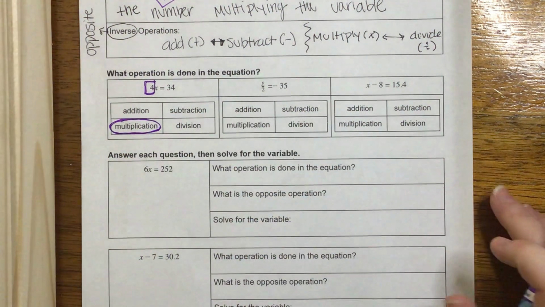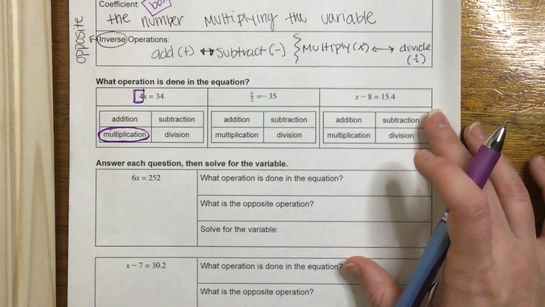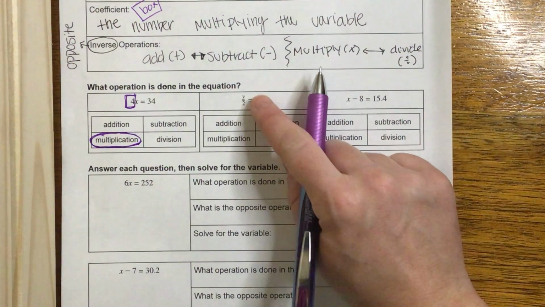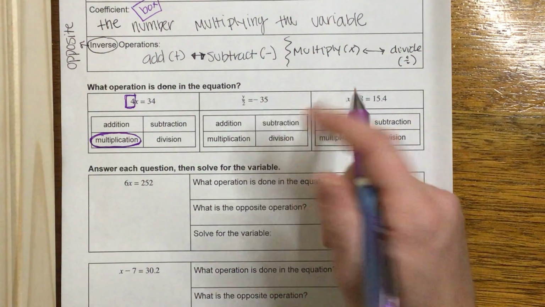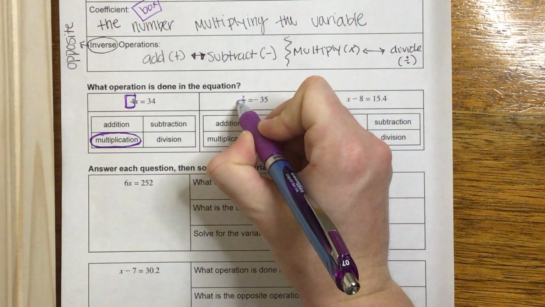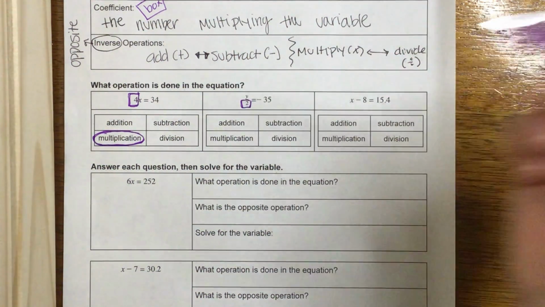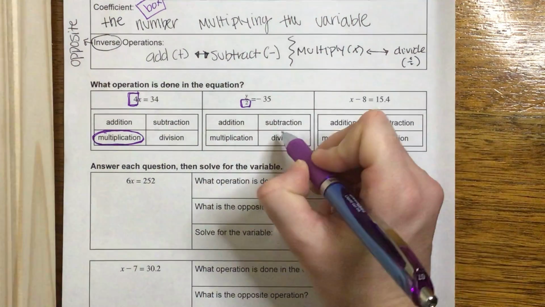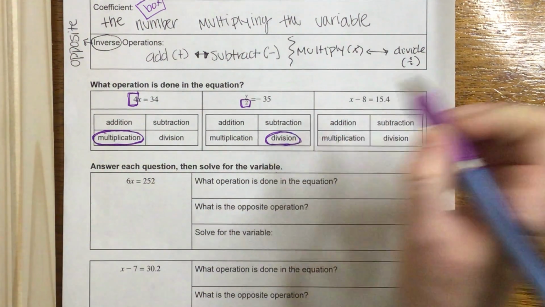So circle multiplication. Here I have y over 2 equals negative 35. Fraction bars mean dividing, so this is y divided by 2. So here I see division happening. So we're going to circle division.